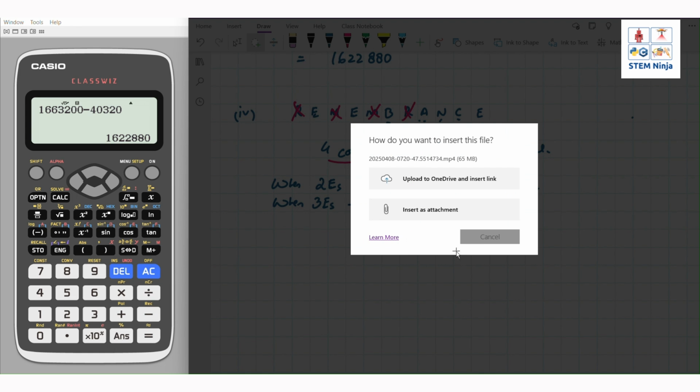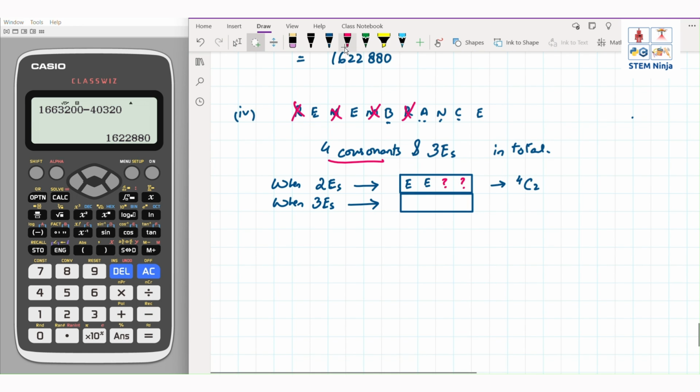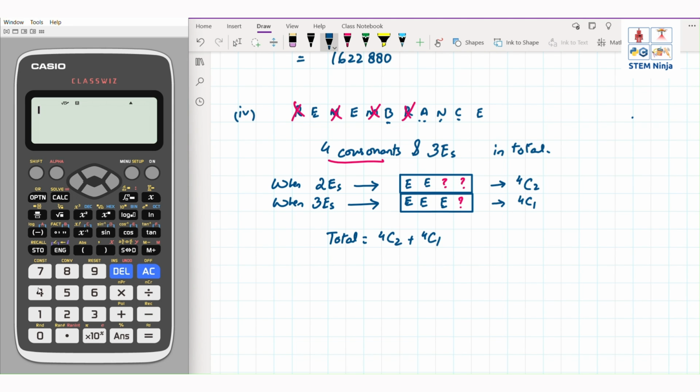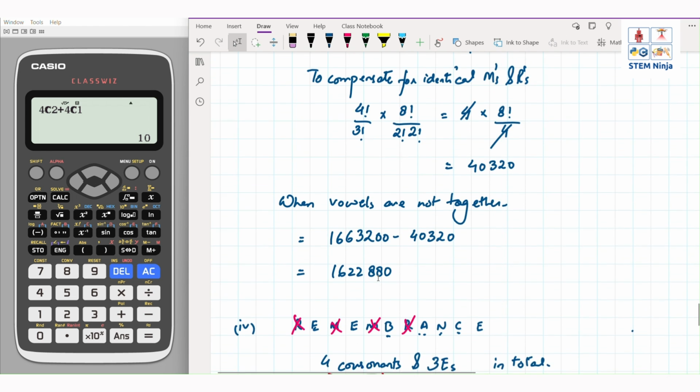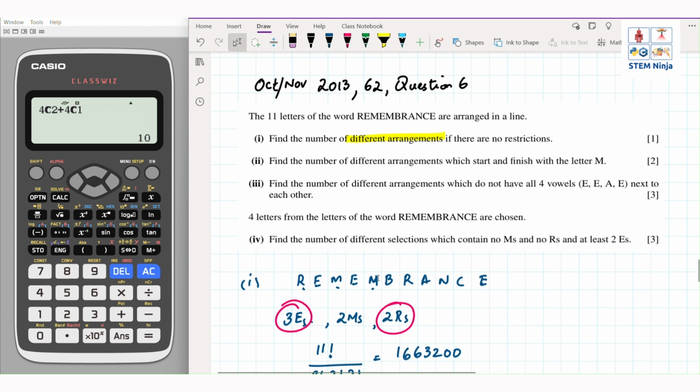Oh, sorry, no. But we have 3 E's now. Now we just need 1 more, so 4C1. So total would be 4C2 plus 4C1, that would be just 10 ways. And that's the entire question.